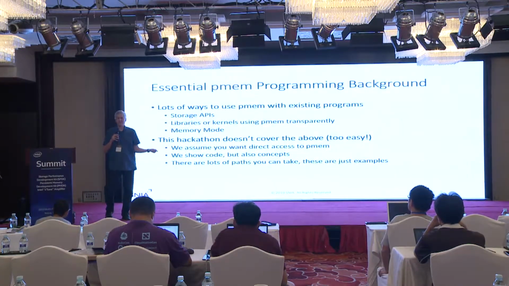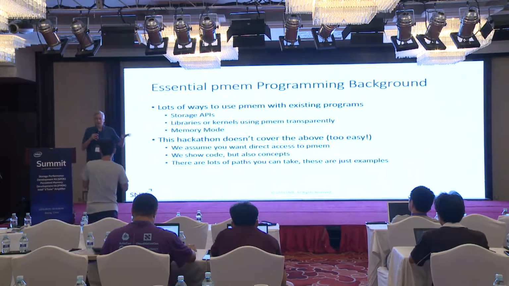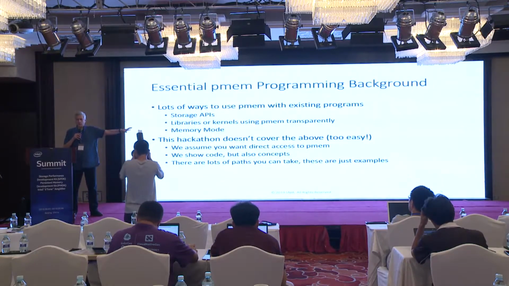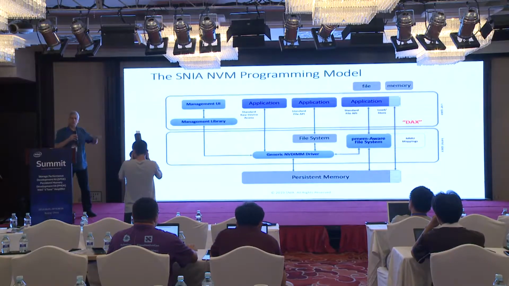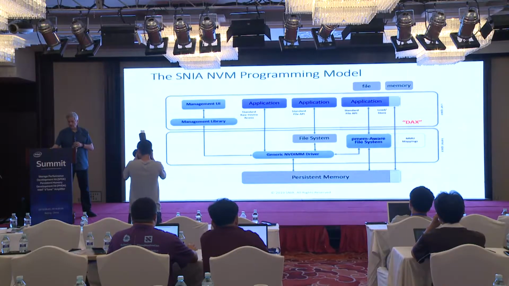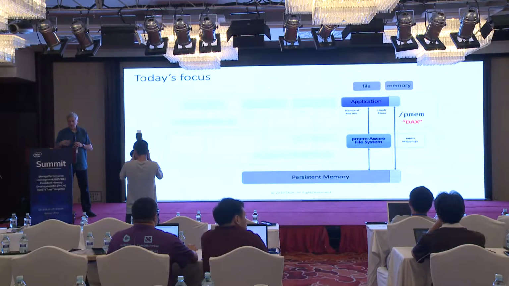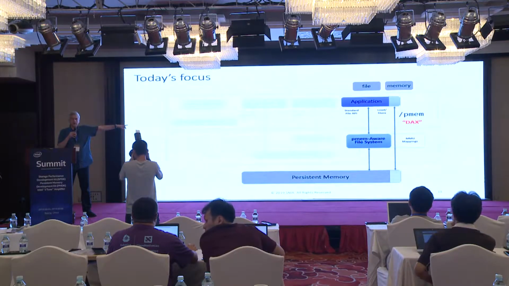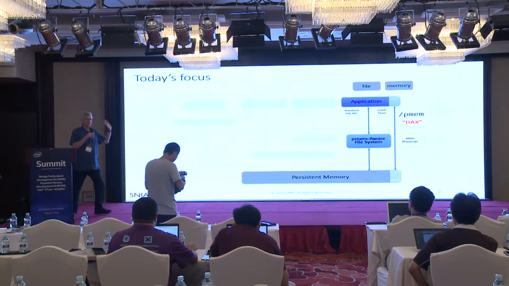So you know about those transparent modes, but we're not going to worry about that here. Here, we're going to worry about what happens when you really want direct access. So remember this programming model picture that I showed in an earlier session. We're going to concentrate on this stuff on the right here. Okay? We're going to ignore everything else because it's just not interesting.